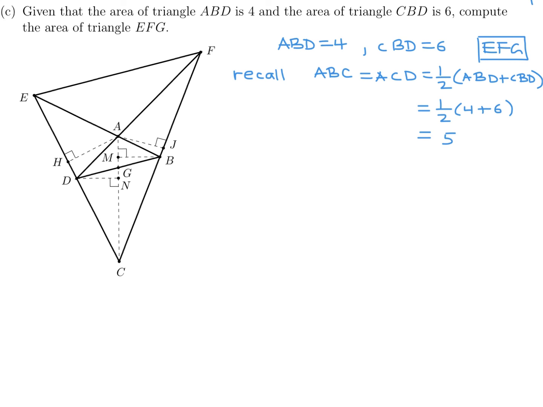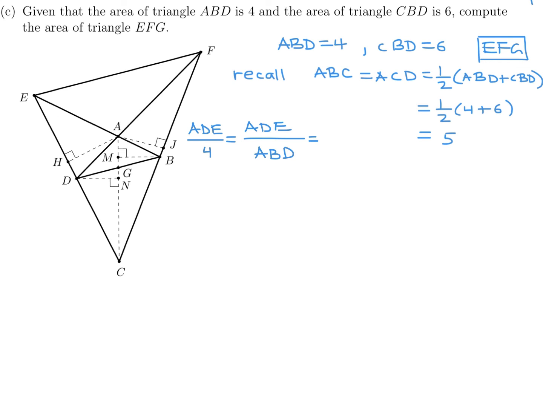Now we can use a sort of ratio that ADE, which is right here, this triangle, over ABD, this guy. Let's see what we get. Well, ADE, I don't know the actual value, but ABD I know is 4.